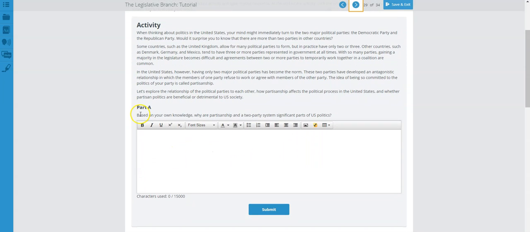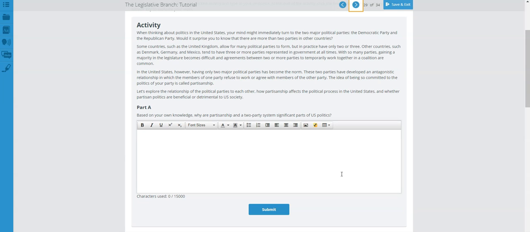And part A says, based on your knowledge, why are partisanship and a two-party system significant parts of U.S. politics? Again, you have to look at your notes. Remember that the two-party system in the United States has been around for a very long time. And you can tie that connection to cultural components of the United States.